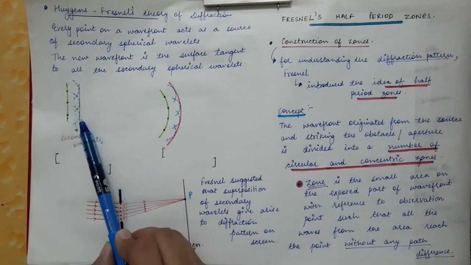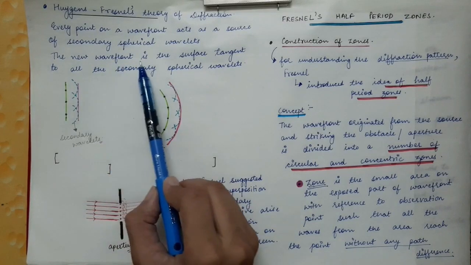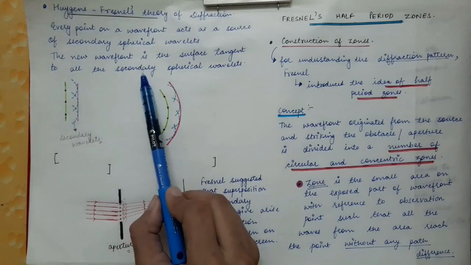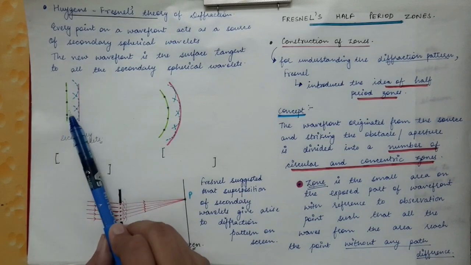So this line shown in pink color is the new wavefront, and it arises by joining the tangents to these spherical secondary wavelets. So this was the case of the plane wavefront.